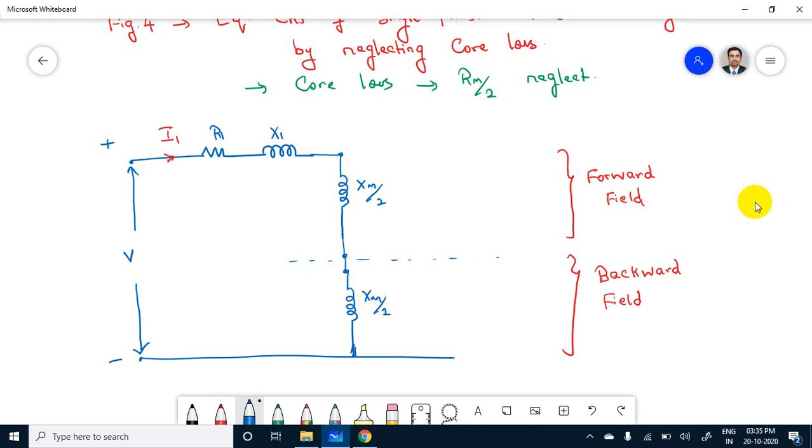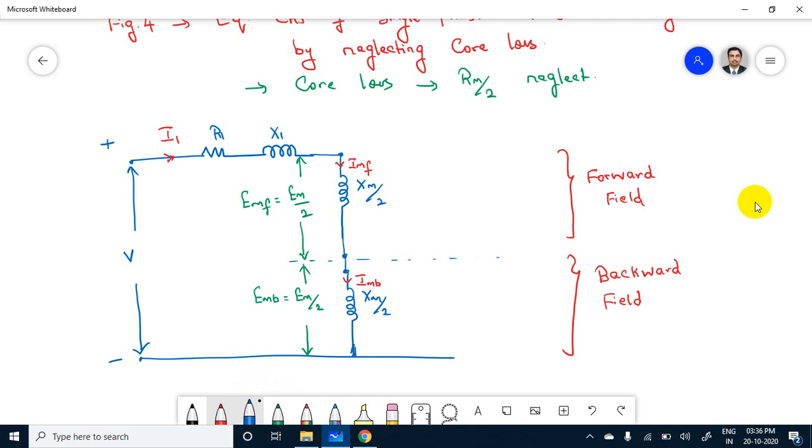So the current flowing here is Im F, here Im B. Okay, and the EMF produced here: EMF in forward is Em by 2, in backward Em B equal to Em by 2. Okay, Em by 2, Em by 2.